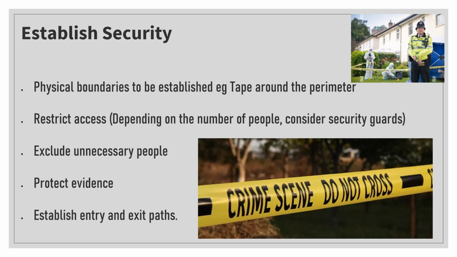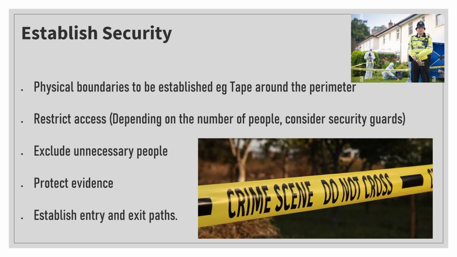Establish security. Physical boundaries are to be established by marking with tape around the perimeter so that it demarcates the scene. Then you restrict access to bystanders or other people. Depending on the number of people, you have to consider security guards.